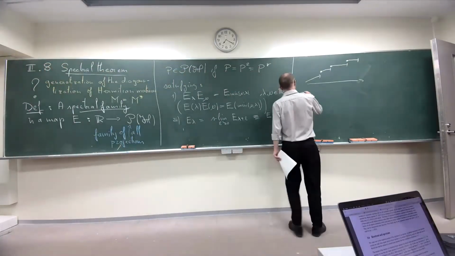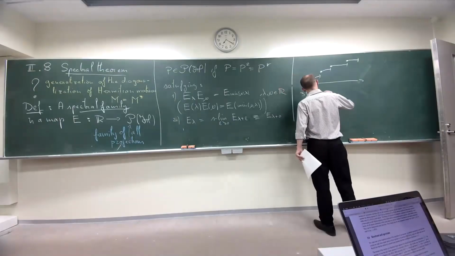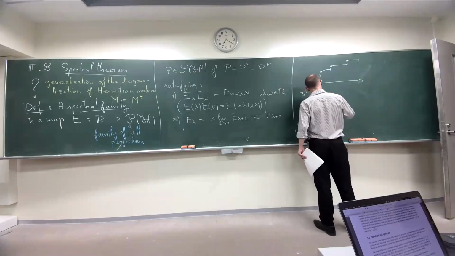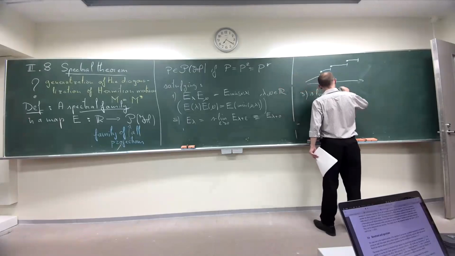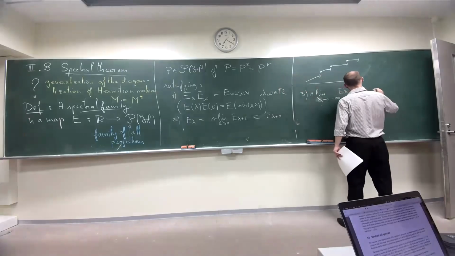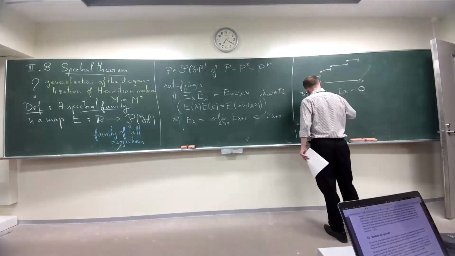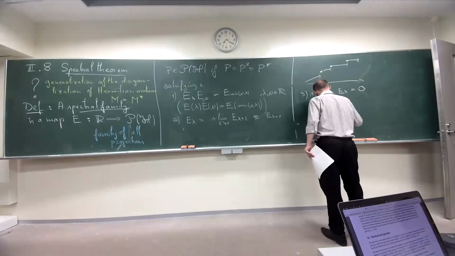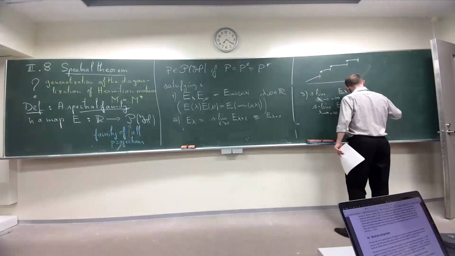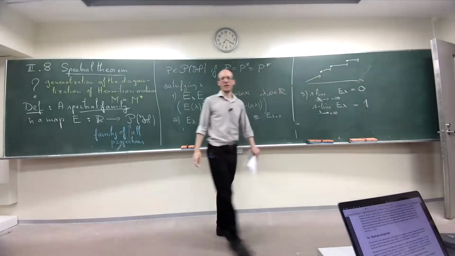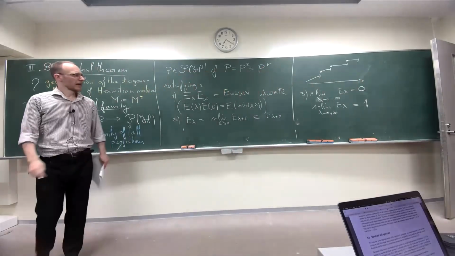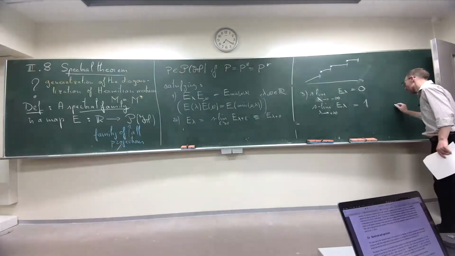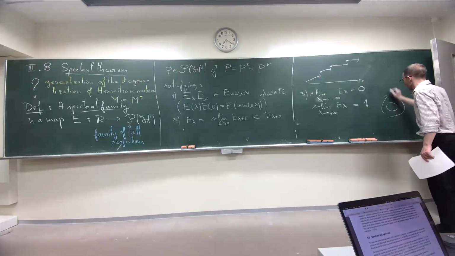And the third condition is that the limit when lambda goes to minus infinity of E lambda is 0, and the strong limit of E lambda when lambda goes to plus infinity is the identity operator. So think about this. I'm going to do a slightly different picture, which is misleading, but it helps.